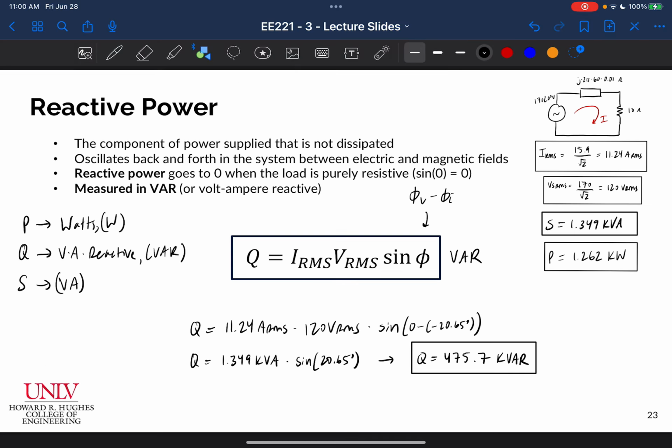So now we have found the apparent power of our circuit, we found the real power, and we found the reactive power. We have completely characterized the power analysis for this circuit. How these three quantities relate, we've touched on a little bit, but I'm going to talk about it even more in the next video with what's called the power triangle.